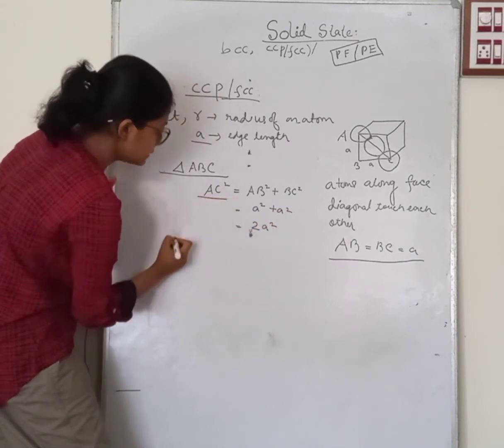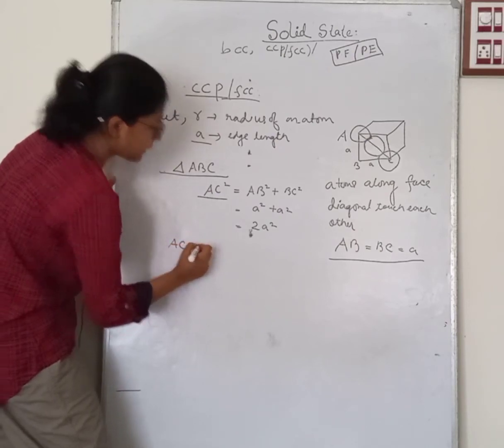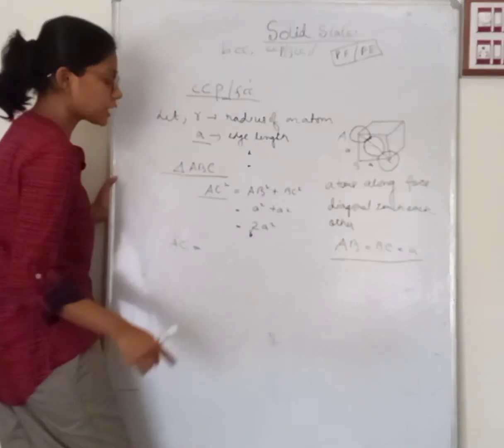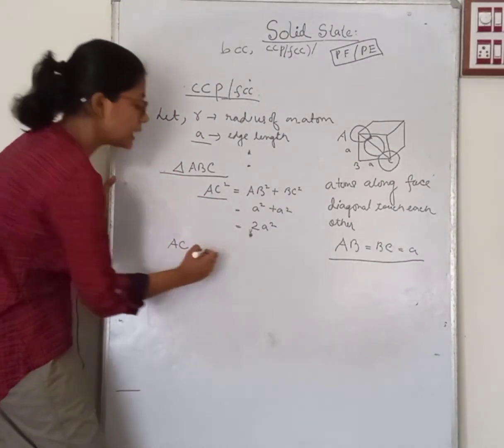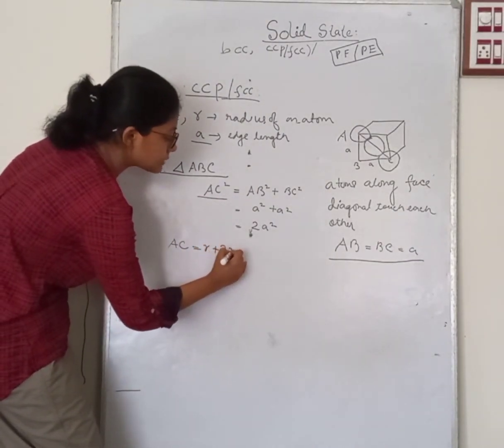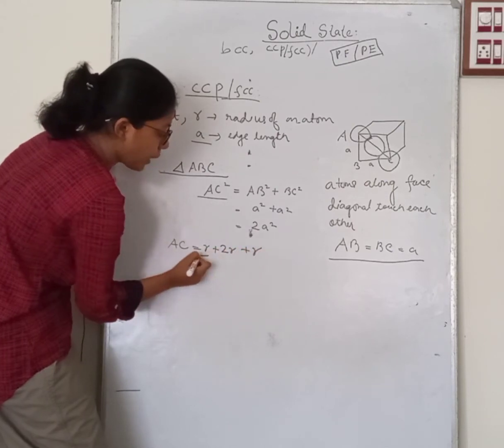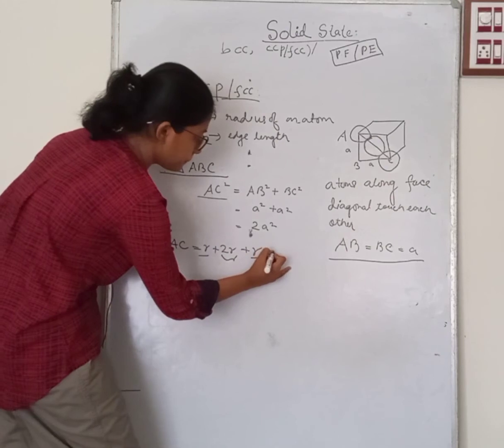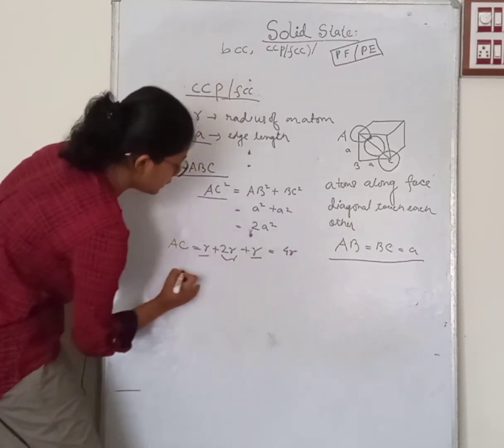Again, AC is the face diagonal and atoms along the face diagonal touch each other. So AC will be r plus 2r plus r: one corner, another corner, and this is the face center atom. So we will have 4r.